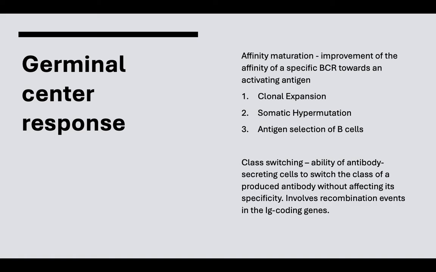Class switching has something to do with the capacity of the antibody secreting cell to switch the type of antibody it produces without really affecting the established specificity in terms of its receptors. It will involve gene rearrangements in the Ig coding genes.